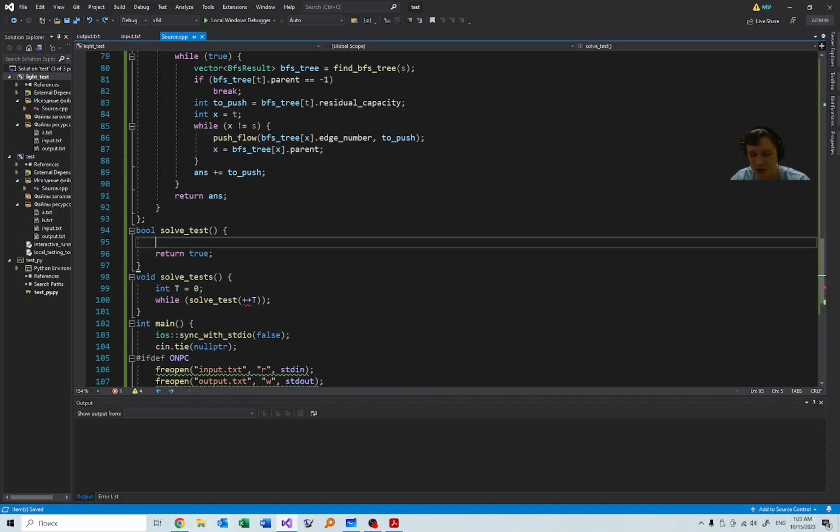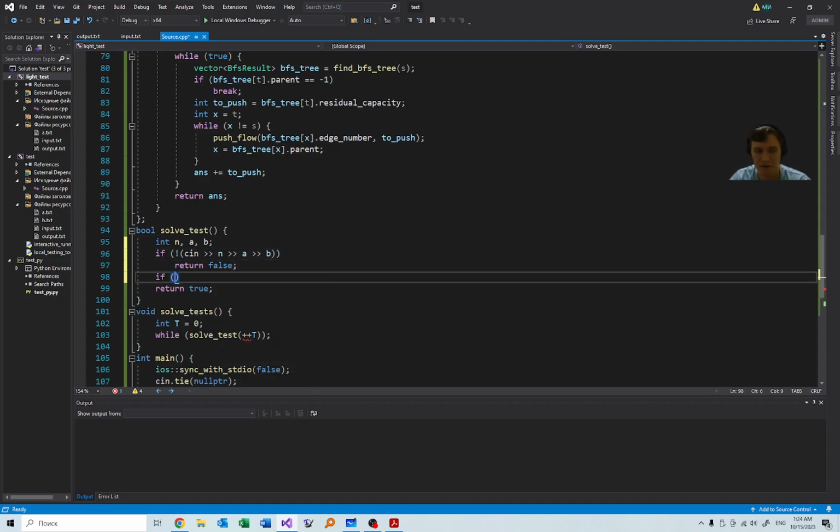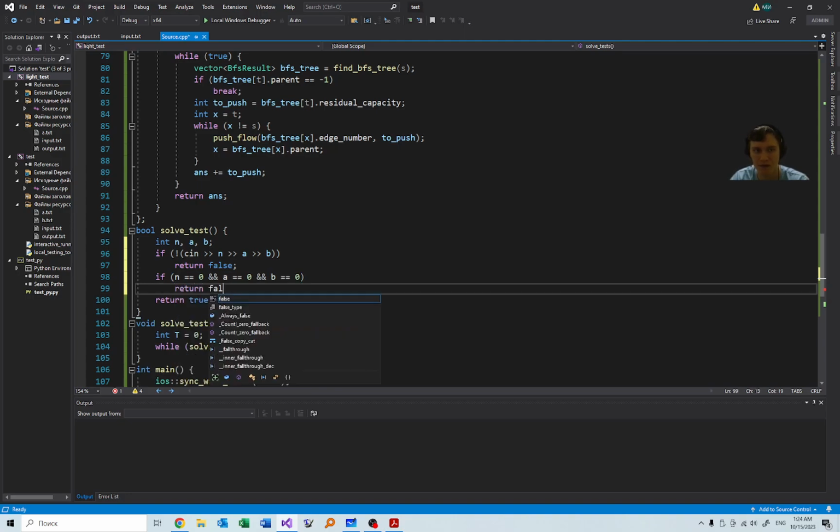So we try to read N, A, and M. A and B, of course. So if we do not succeed, we return false. If N equals 0 and A equals 0 and B equals 0, then also we return false.